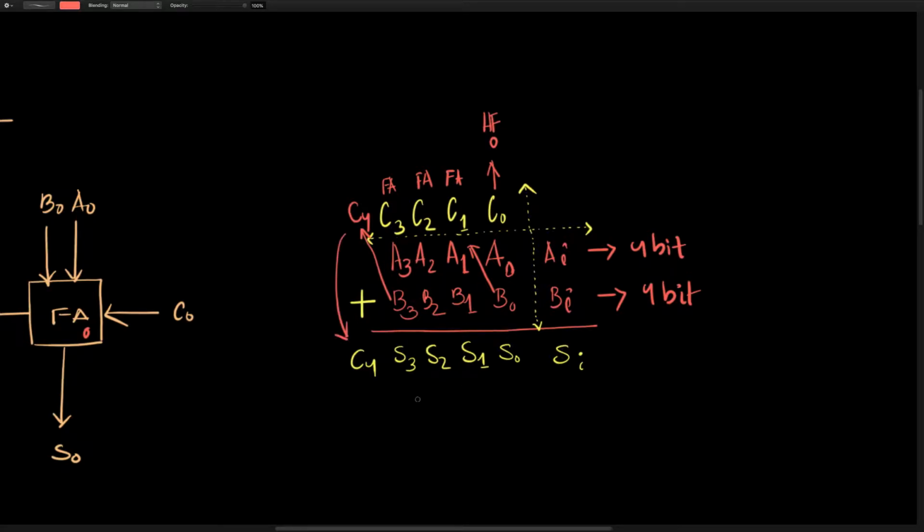So your summation would be s0, s1, s2 and s3 with c4 as a separate carry, and the summation is termed as S of i.